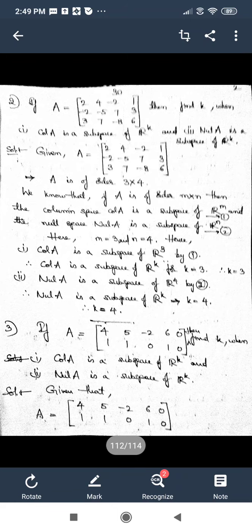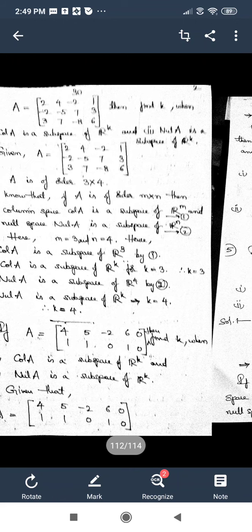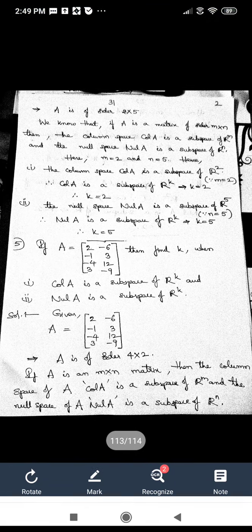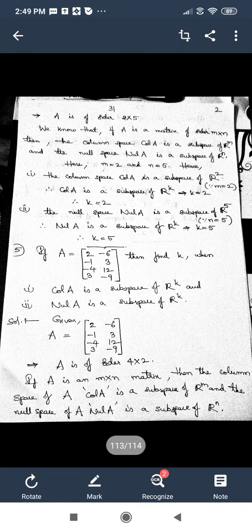Take down the problem and try to solve the problems on your own, because there are so many numerous problems in this linear algebra. Even though every problem is very simple, you need practice to remember these various methods we are applying in various problems. So do practice them very well.